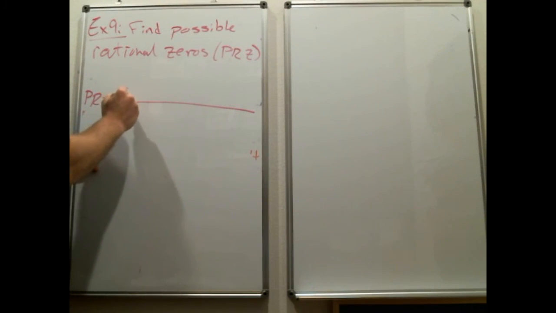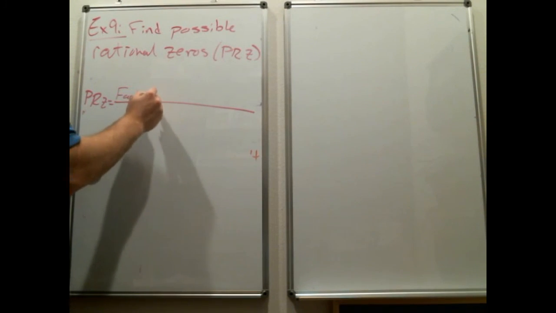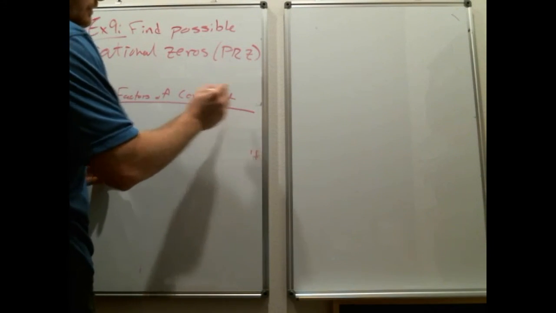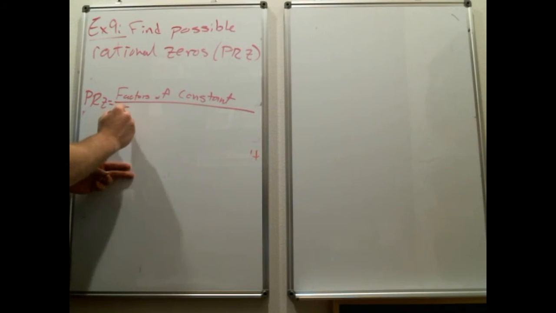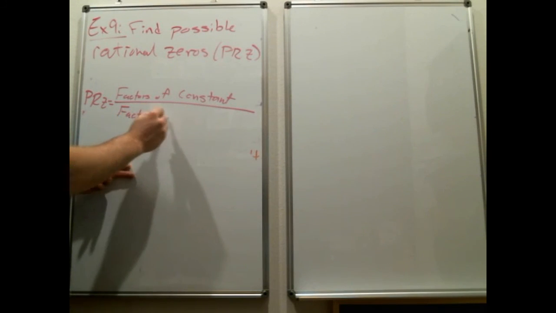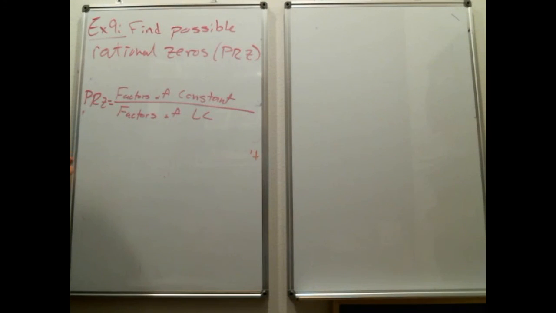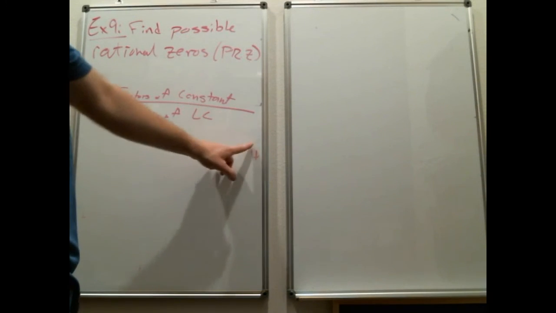So the top is the factors of the constant term, divided by the factors of the LC, the leading coefficient. Alright, so let's make one of these up real quick and see what we get.